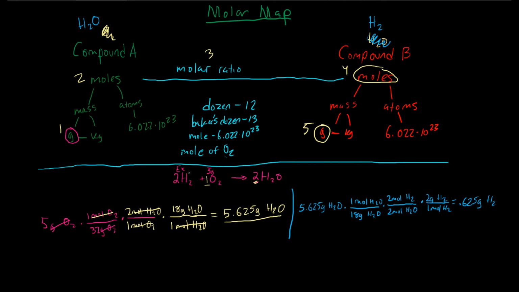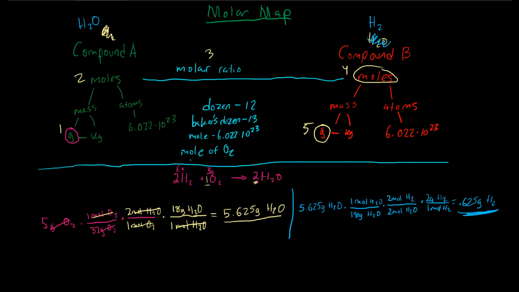And so we know from this tree, which visually demonstrated what we were doing, that if you put in 5 grams of O2 into this reaction, you will come out with 5.625 grams of H2O, and you will use up 0.625 grams of H2 to produce it.